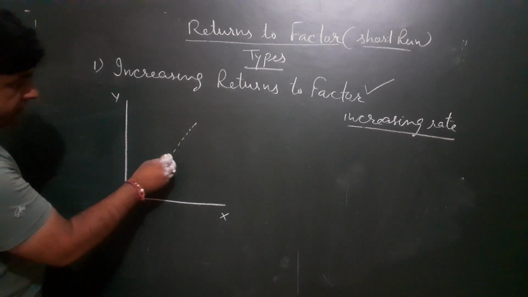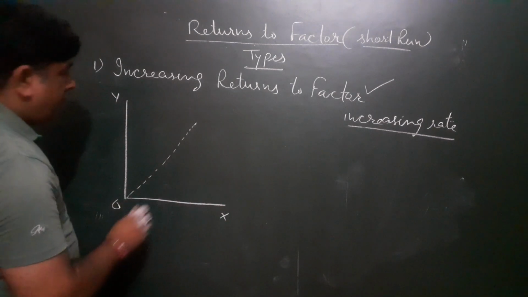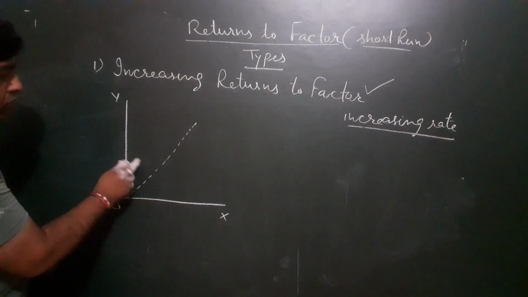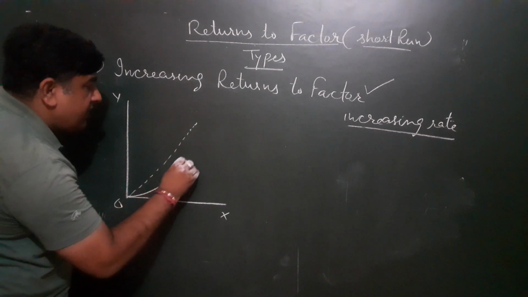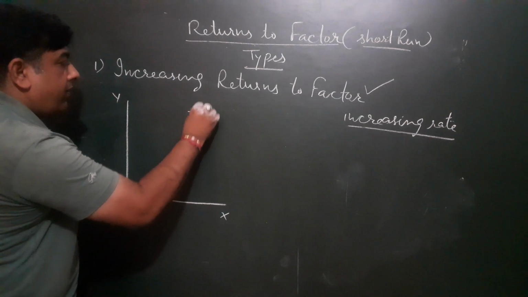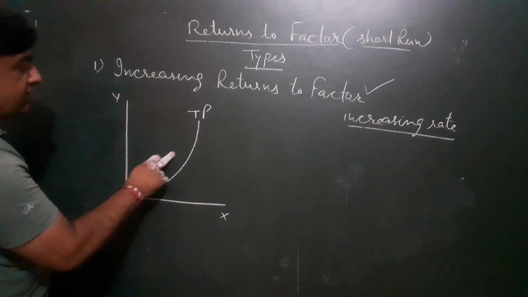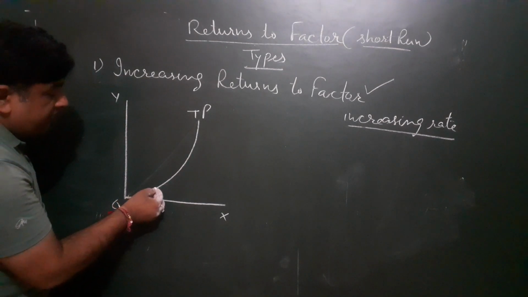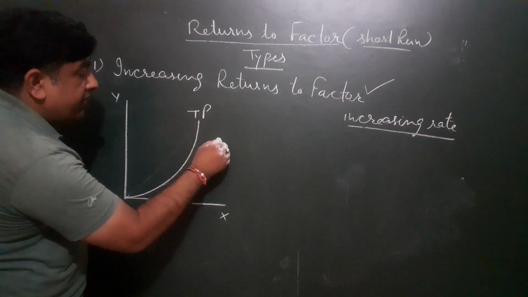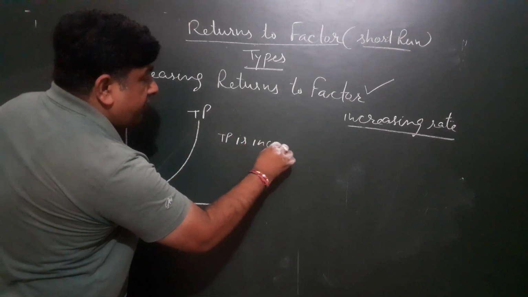This line has divided OX and OY into two equal parts, and when we take TP in such a way, it means that TP is increasing at increasing rate.